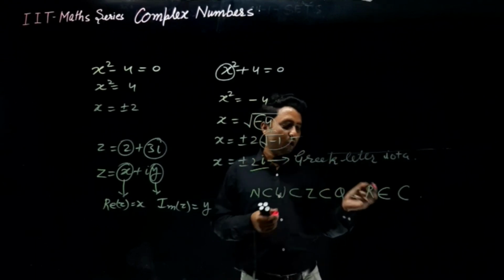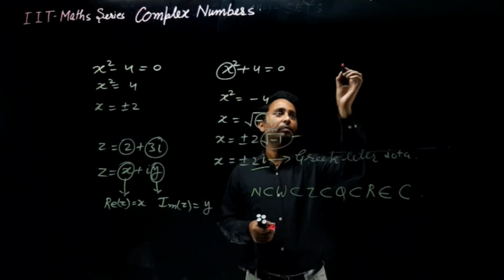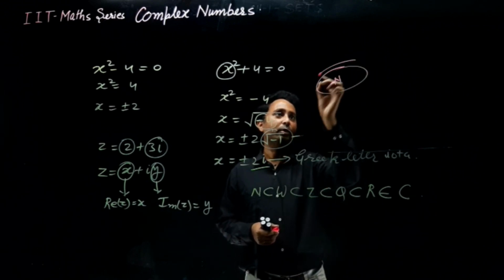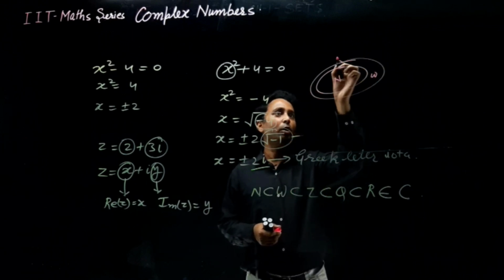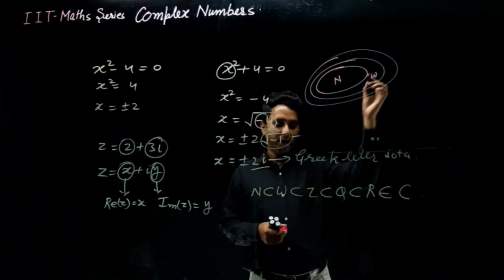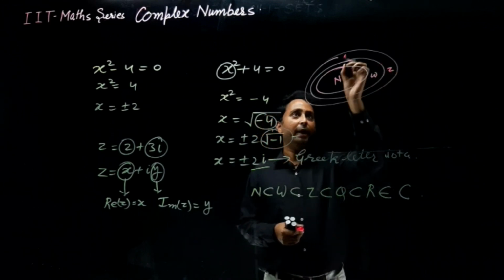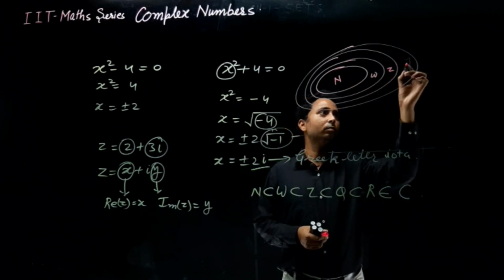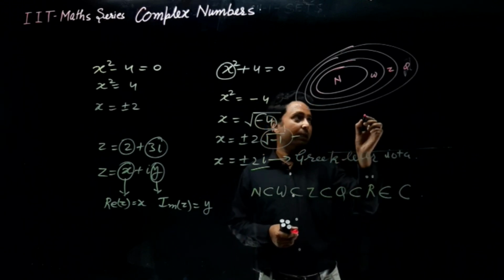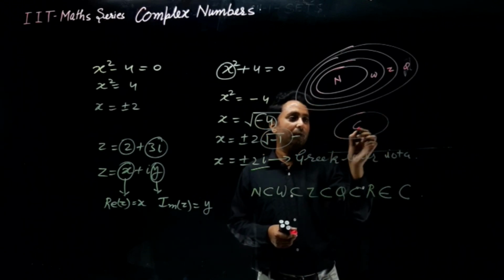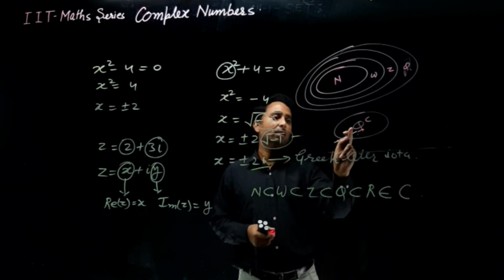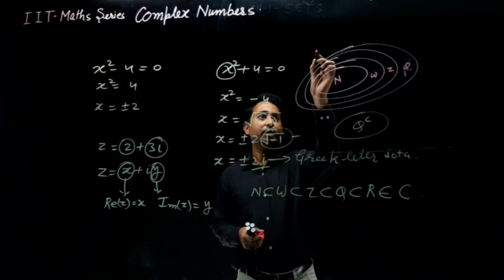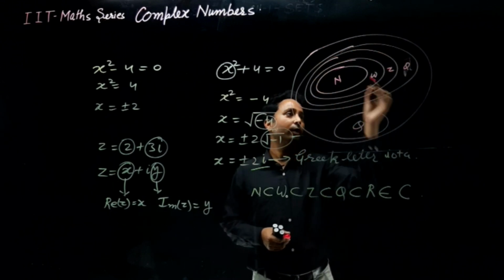If we show this all in a diagram, this is the natural numbers, suppose, and natural numbers are a subset of whole numbers. Whole numbers are a subset of integers, and integers are a subset of rational numbers, that is Q. Another set is irrational numbers, Q complement, meaning the complement of the rational numbers. These numbers are called real numbers.